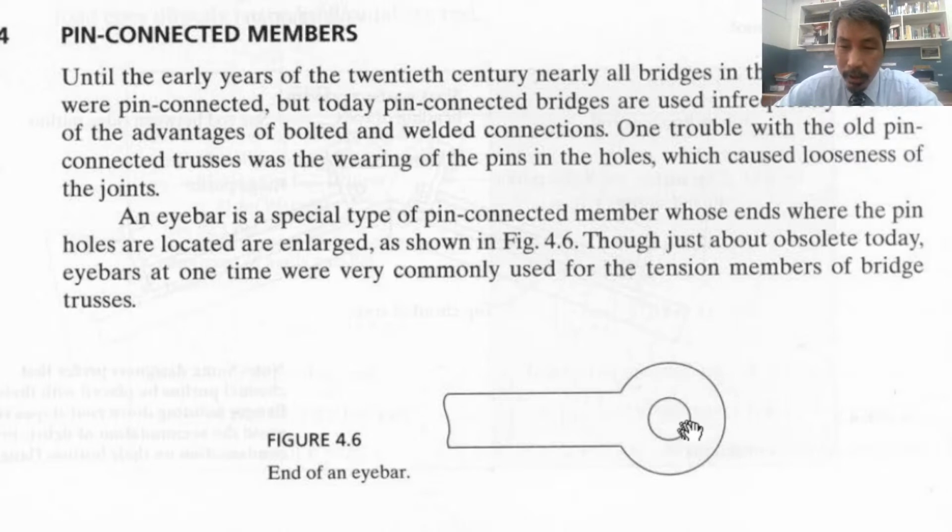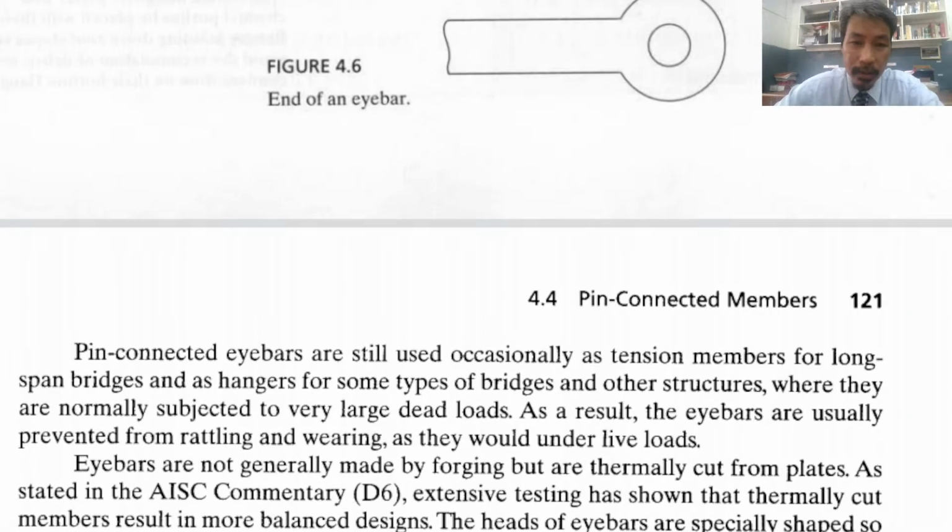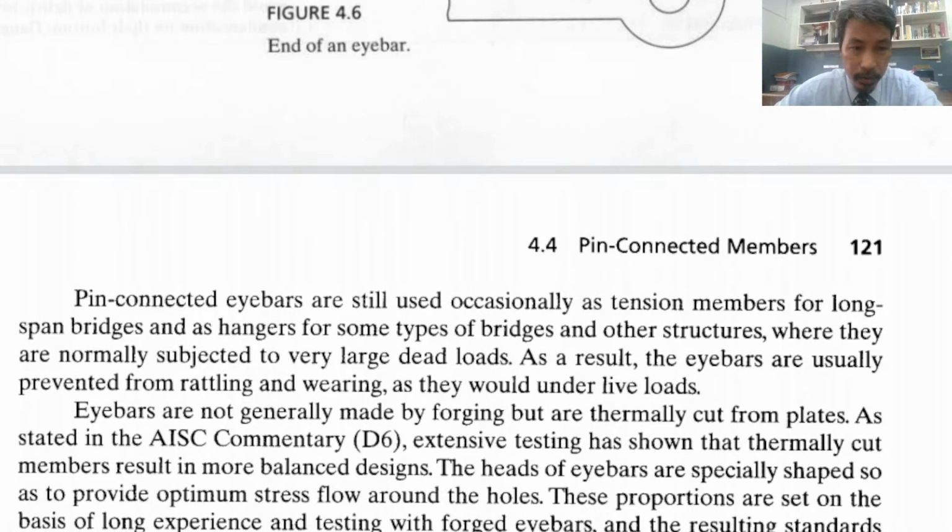To connect it to the plate, that is for tension members as an available alternative connector. So pin connected eye bars.